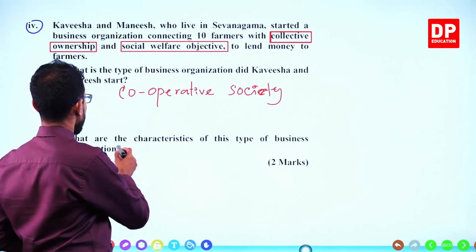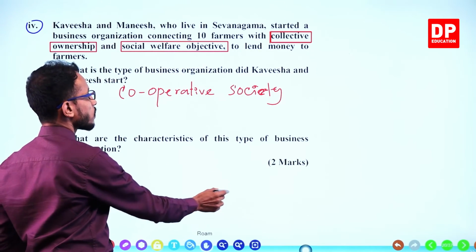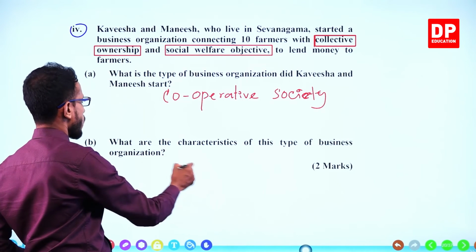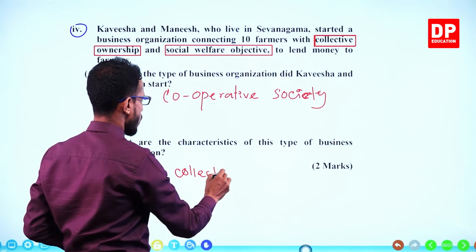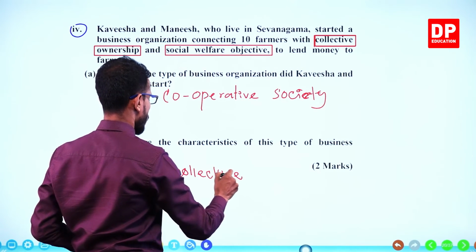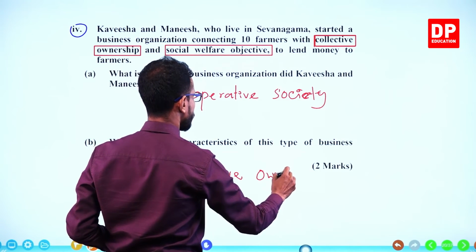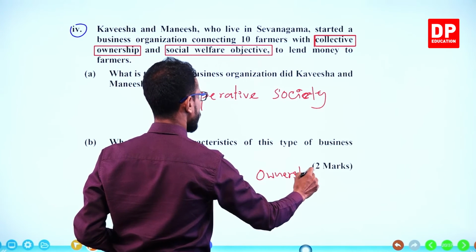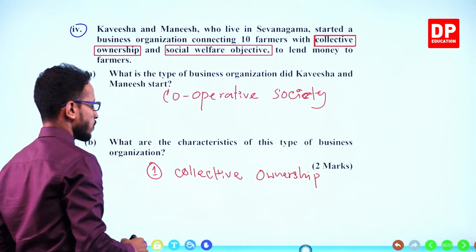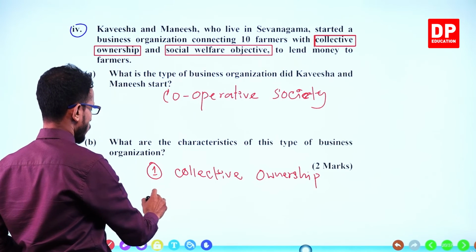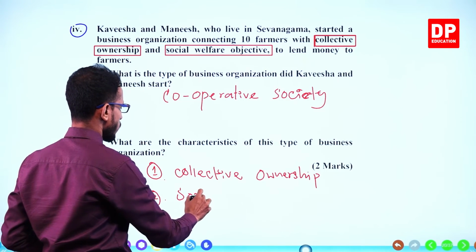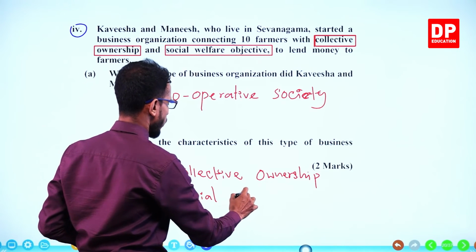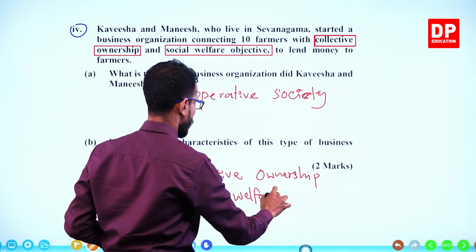Easy. What are the characteristics? 1, collective ownership. 2, social welfare motive.